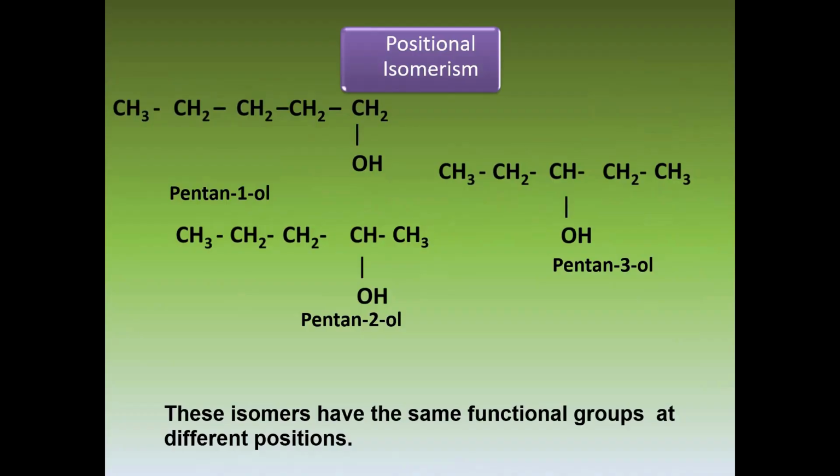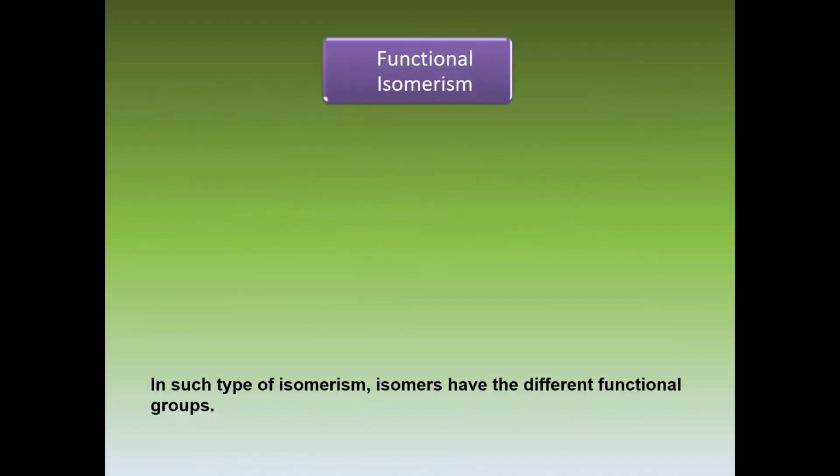So the position of the functional group is being changed. This is called positional isomerism. It may be any other functional group, maybe chloride, bromide, amino group, cyanide group; any group may change its position. So this is a type of positional isomerism.